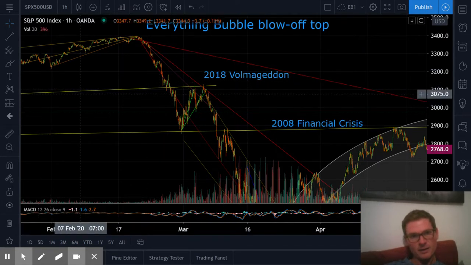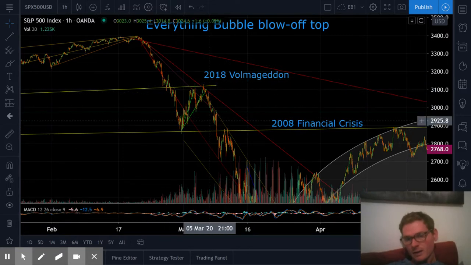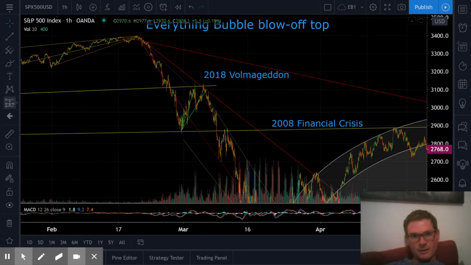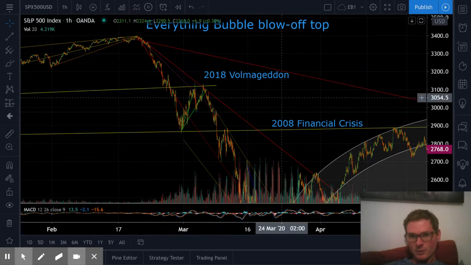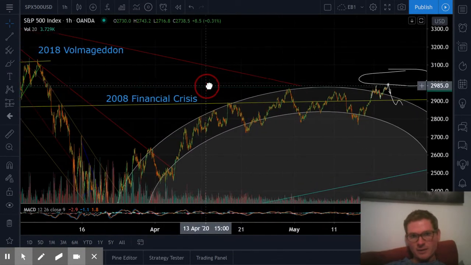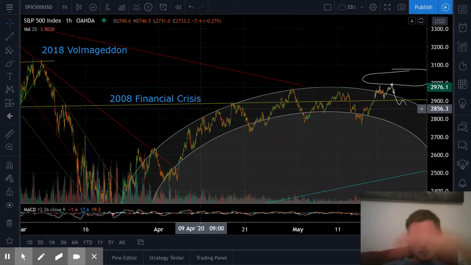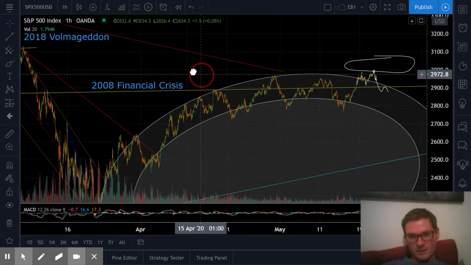This is a two-year angled trend line that backtests and gets off the Volmageddon sort of bull market line. And now we're testing across the 2008 financial crisis line. That's a 12-year long trend line that supports the entire bull market up from the financial crisis.